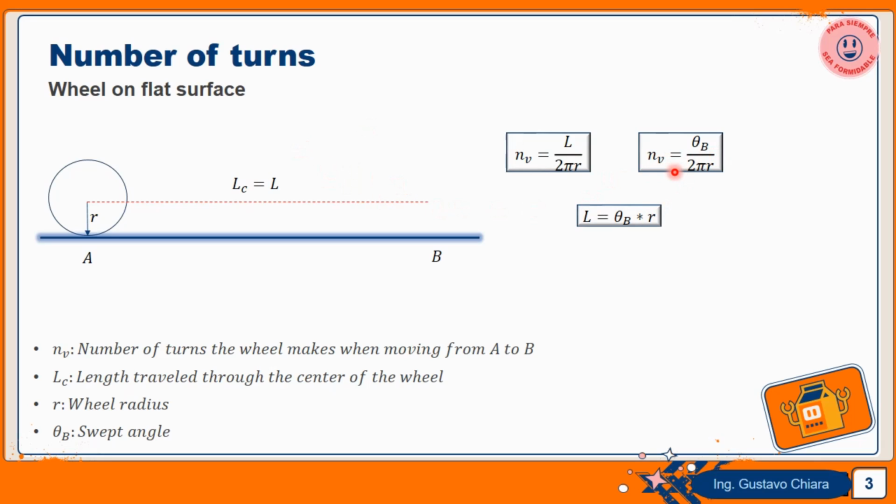As you can see, both formulas are equal. So we get another formula to find the arc length: the length is equal to the swept angle multiplied by the radius.